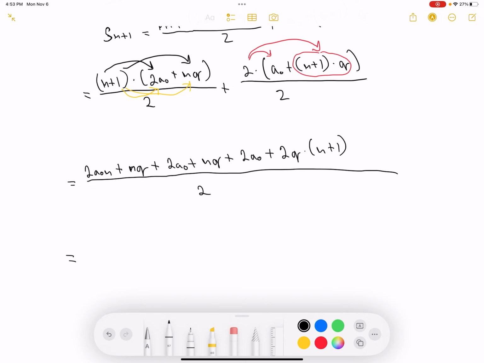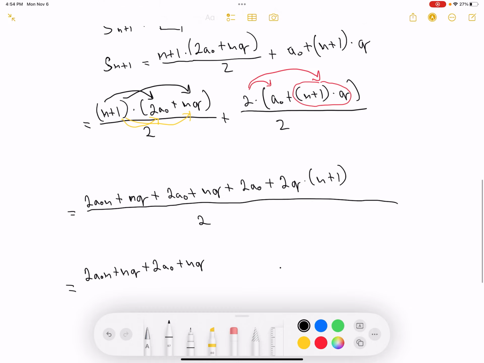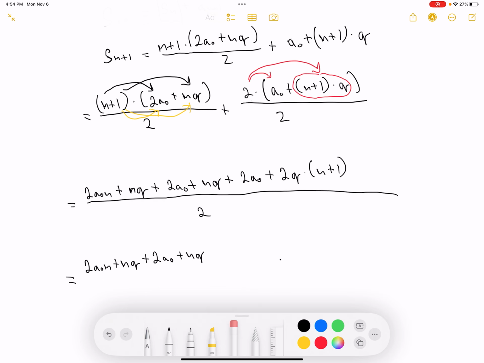So we can go a little bit further, and we can go ahead and do 2a0n plus, just repeat everything, and q plus 2a0 plus nq. Oops, I think I made a mistake there. So 2a and q, and the other term would be n squared q.